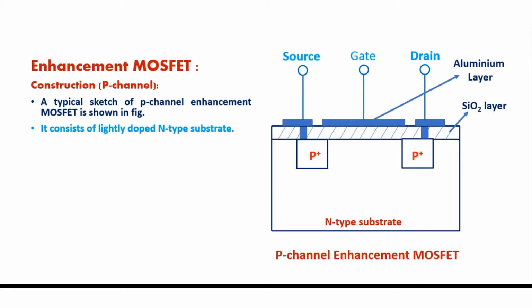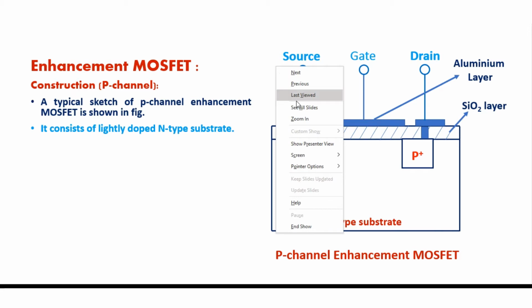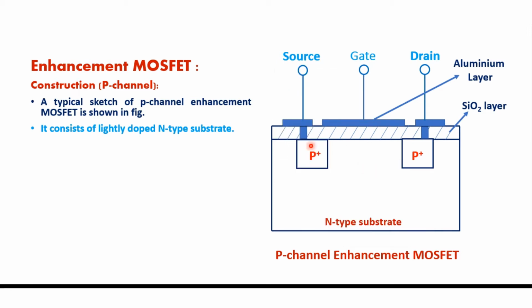It consists of a lightly doped substrate of N-type silicon. On the N-type substrate, two heavily doped P regions are diffused. One of these two P regions is known as the drain and the other is known as the source.